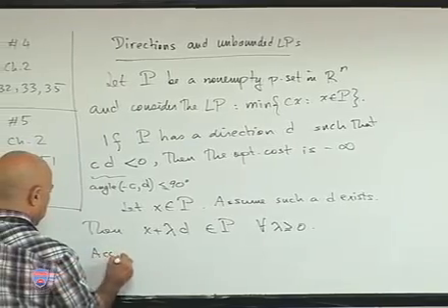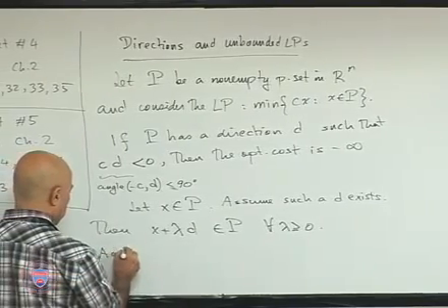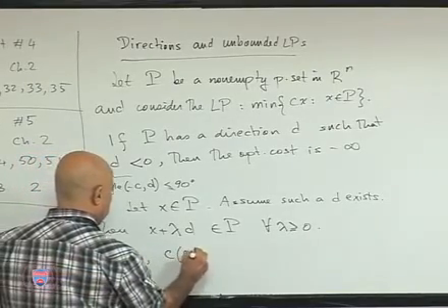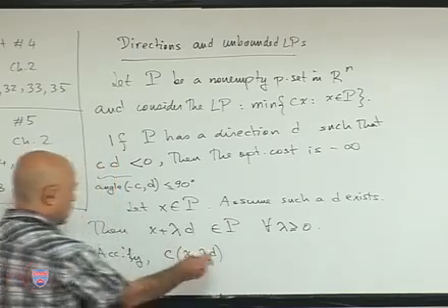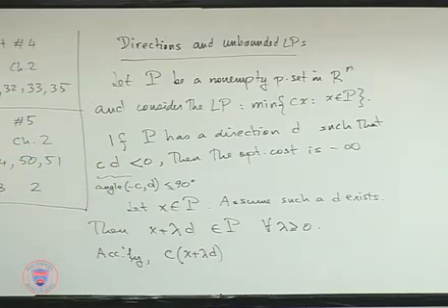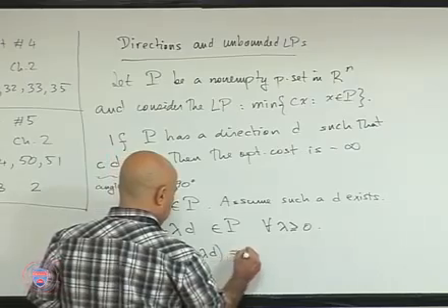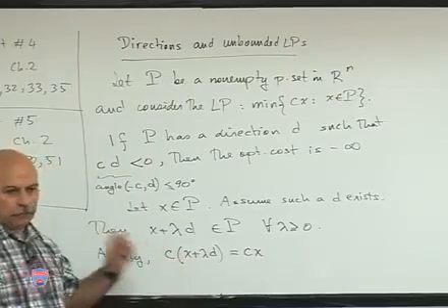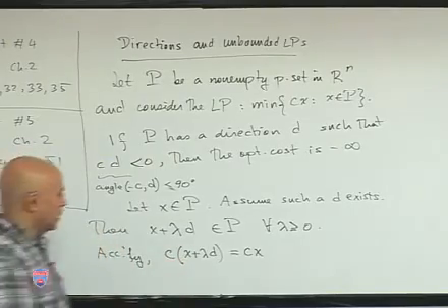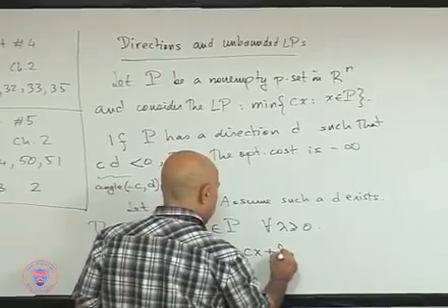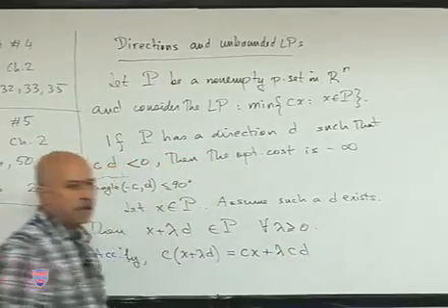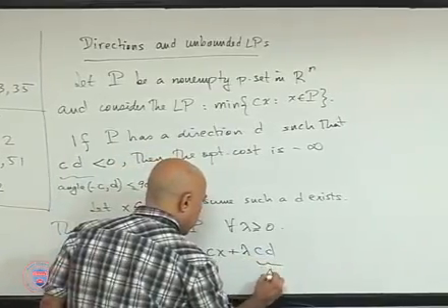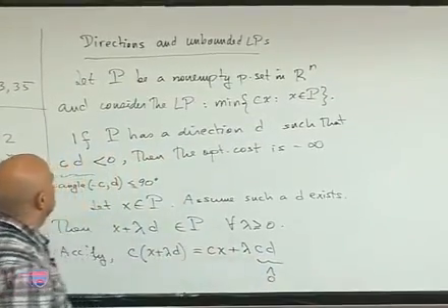Accordingly, if you take the objective function value relative to any such point, we get Cx, the value of the objective function at the point x, plus lambda times C times D. But C times D is less than 0 by assumption.